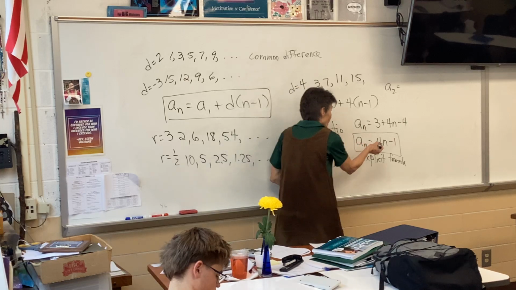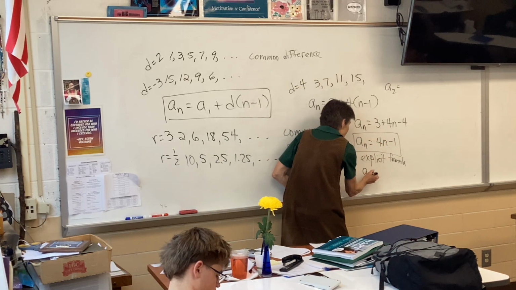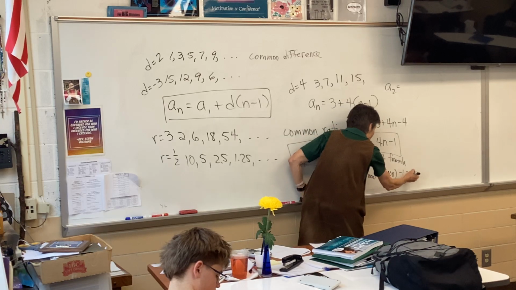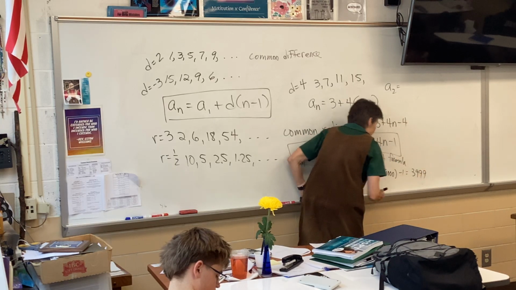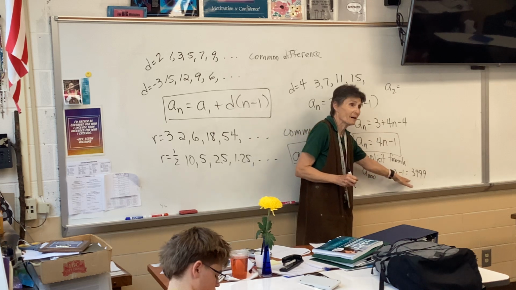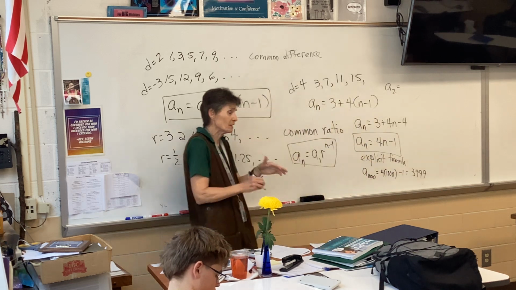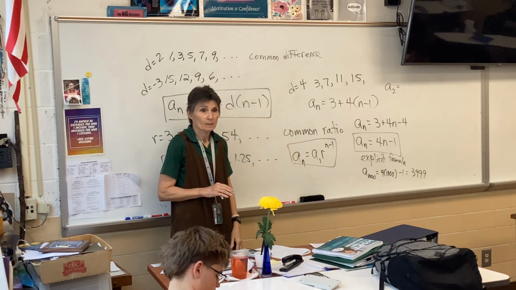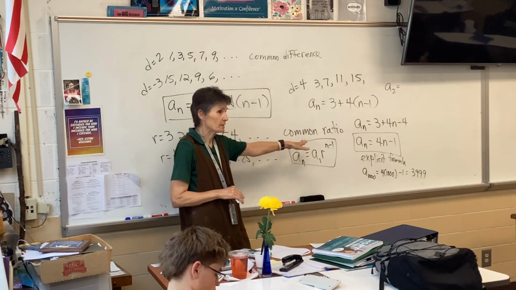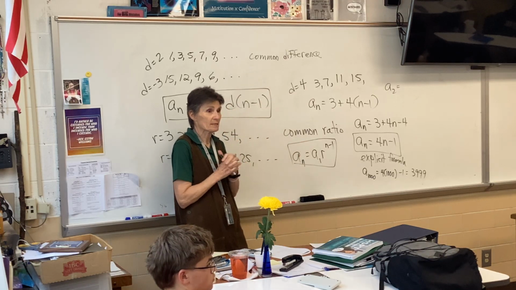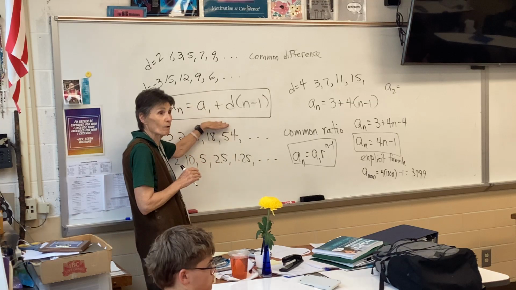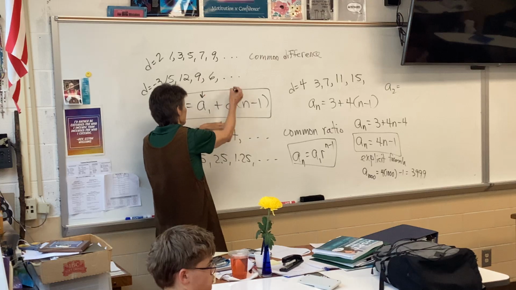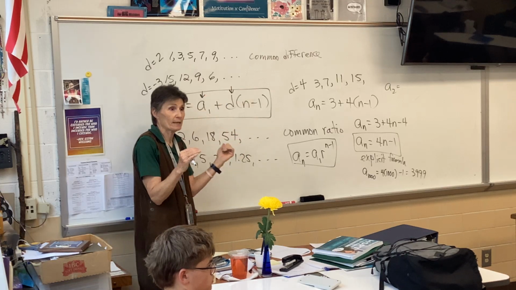You can just plug in 1000, and the 1000th term would be 3,999. 4,000 minus 1. An explicit formula gives you whatever term you want. If you wanted the millionth term, you could get it. That's what an explicit formula does. And it comes straight from the original. Plug in your first term, plug in your common difference, and you've got it.